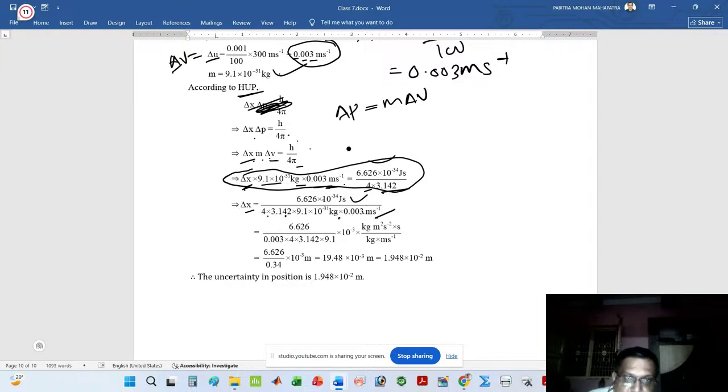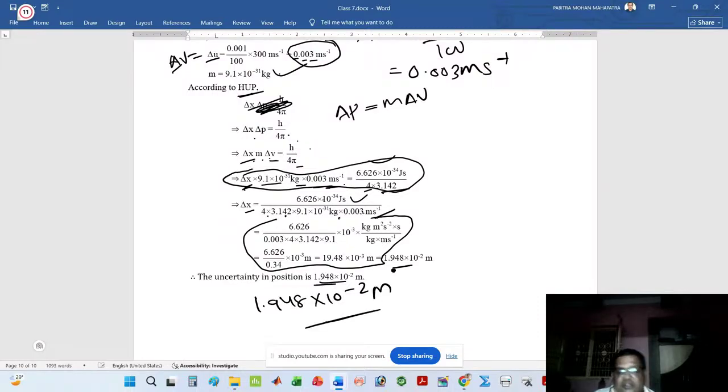If you solve this, you will find the answer 1.948 into 10 to the minus 2 meter. So the uncertainty in position is 1.948 into 10 to the power minus 2 meter. This is the answer.